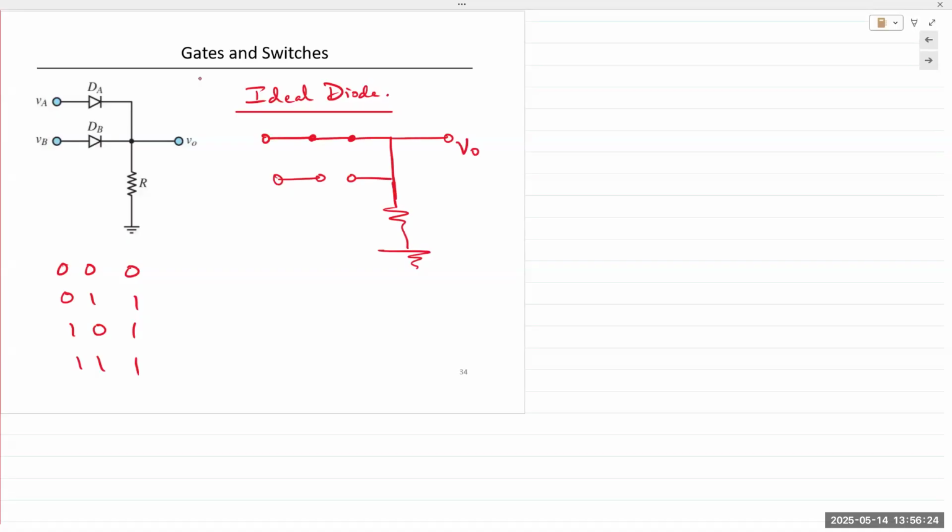Because V out is connected directly to R. But let's take the case where one of the diodes is connected, and it's given the input plus 5 volts. So the diode turns on. When the diode turns on, it behaves like a short circuit. So you're giving 1 and 0. Then V out is connected to plus 5 volts. So V out is equal to 1.